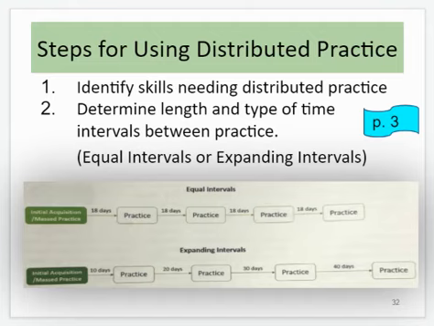Identify the skills needed for distributed practice. Then determine the length and the type of time intervals between the practice, whether it's equal intervals or expanding intervals. And you'll find a snippet on page 3 of your handout to capture that and remind yourself.